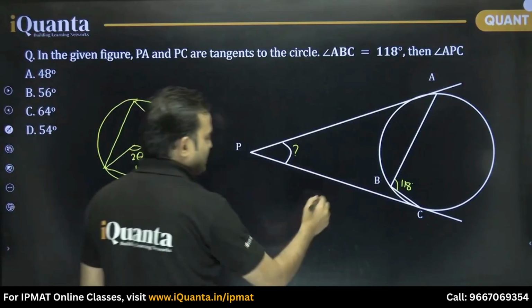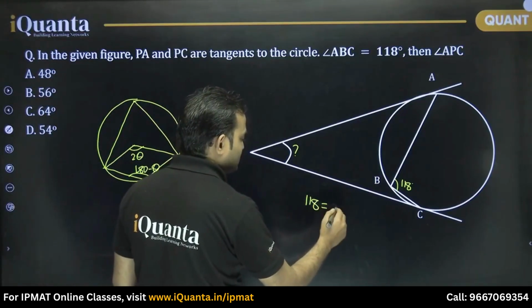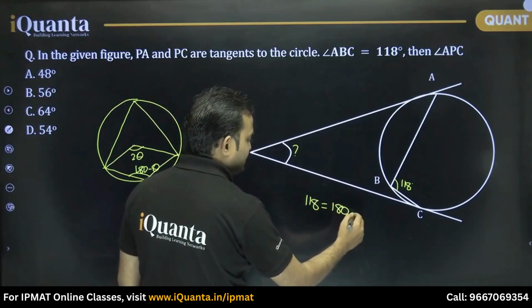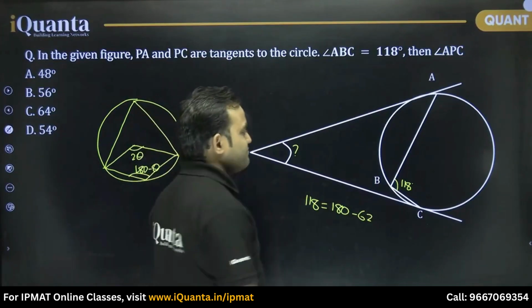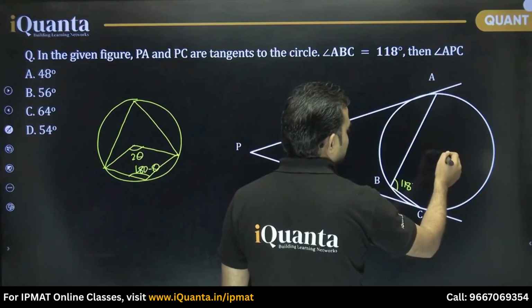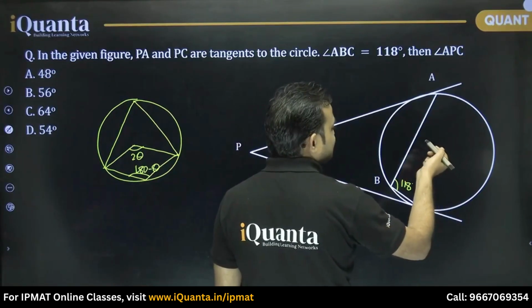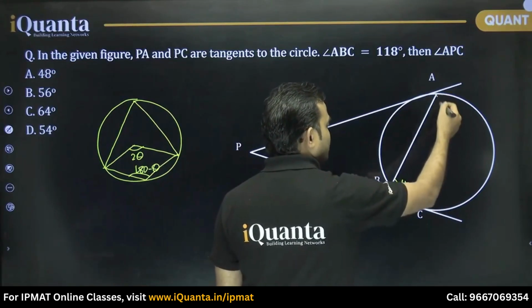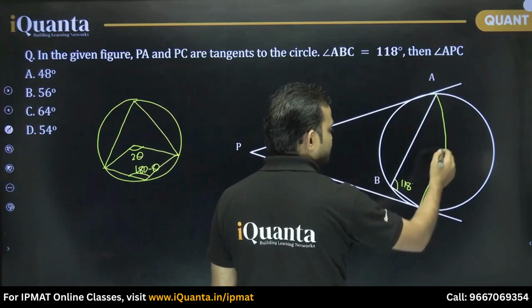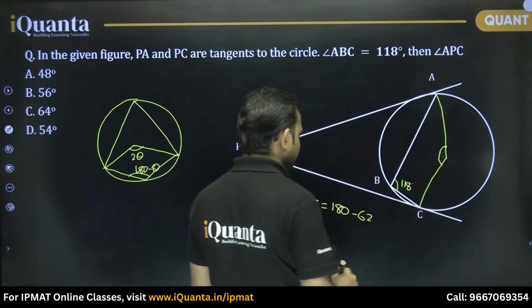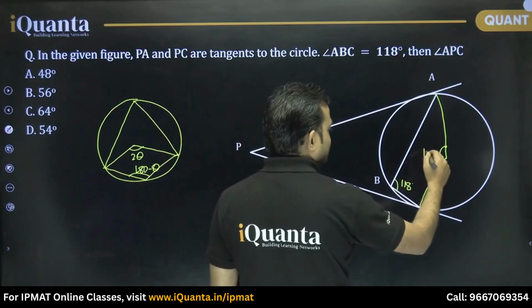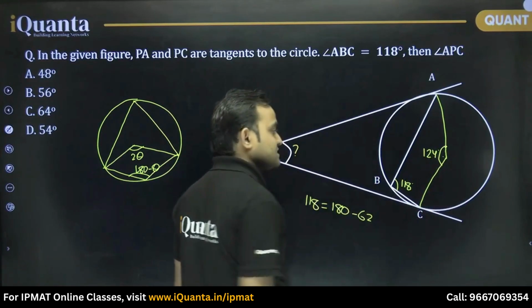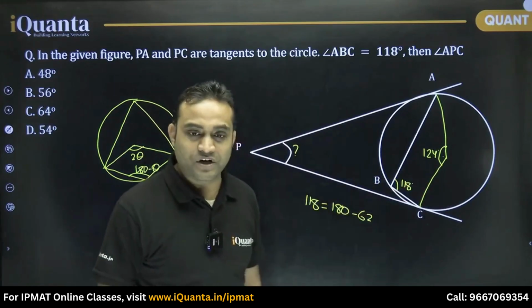Can we say 118 is equal to 180 minus 62, right? So the angle made by this chord on the circumference will be double of 62, so this angle will be 124 degrees.